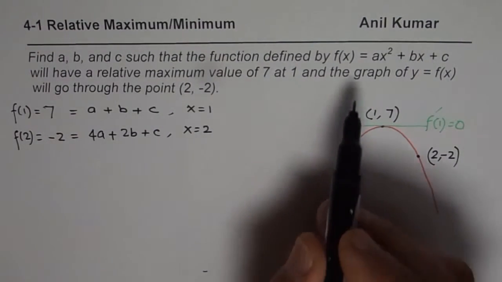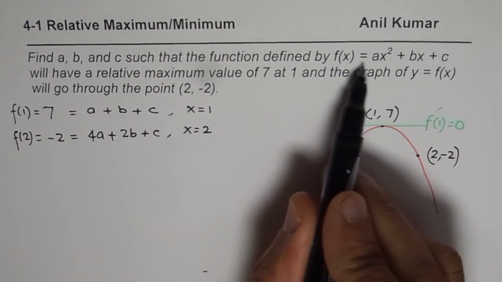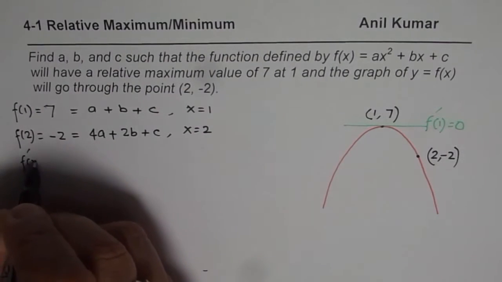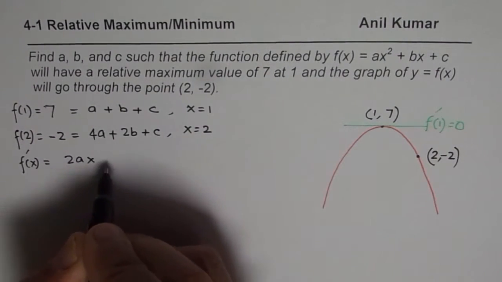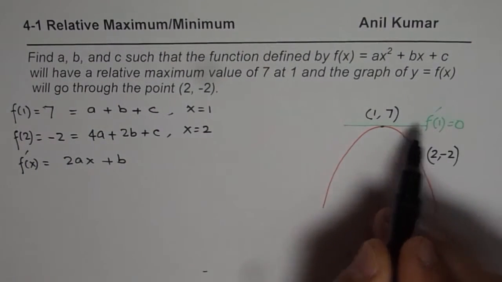For the third equation, we need to write down the derivative. We are given f of x as ax squared plus bx plus c. What is f prime? The derivative will be 2ax plus b. Now the derivative is 0 at 1.